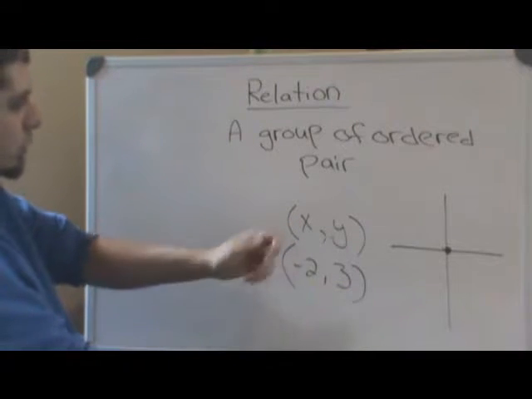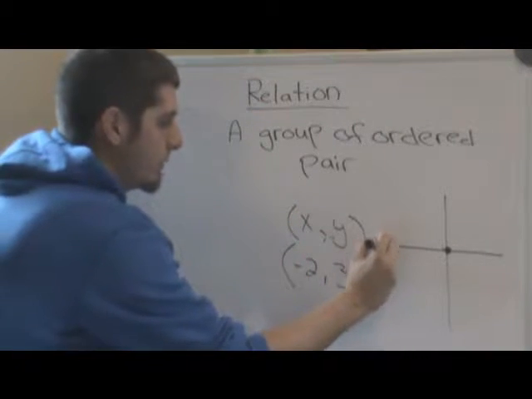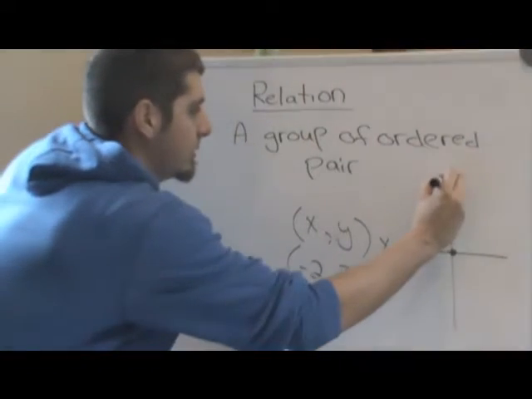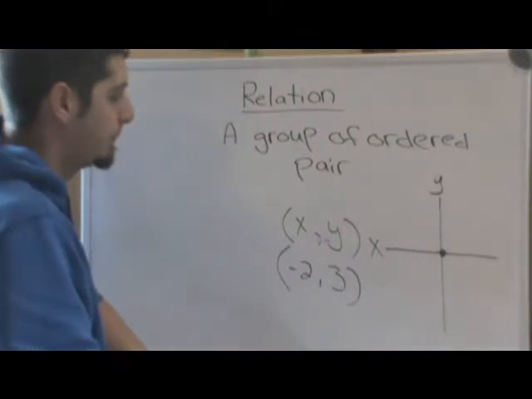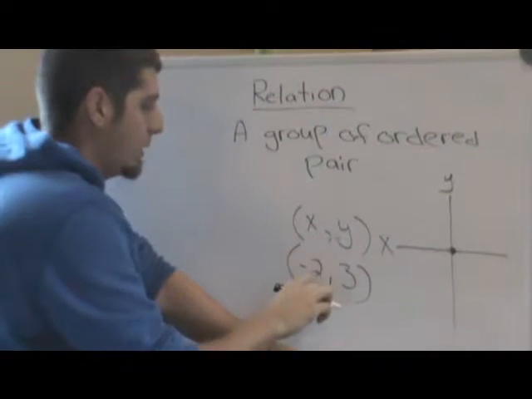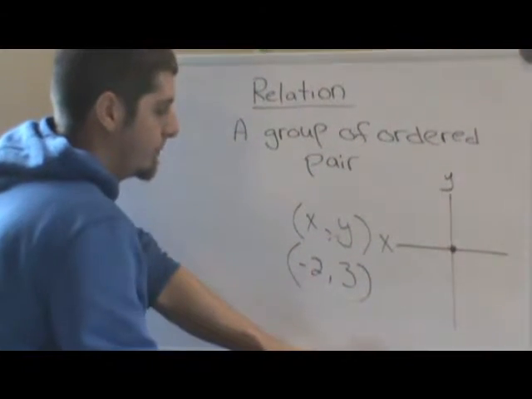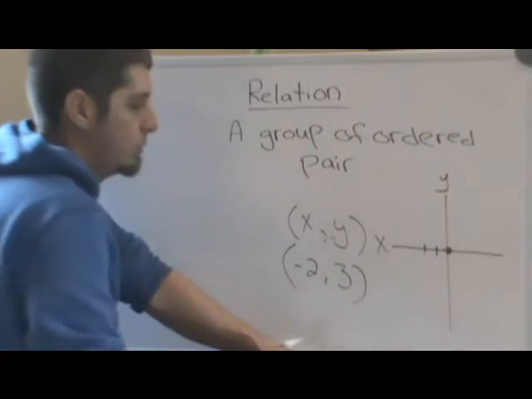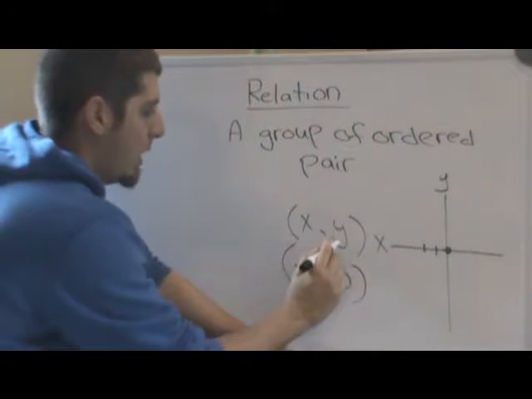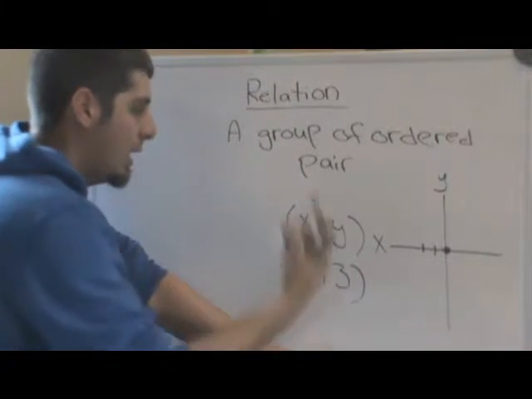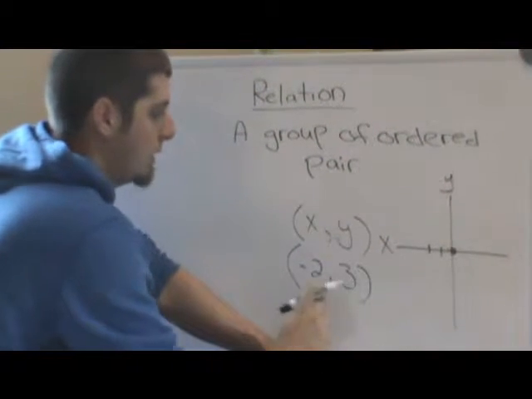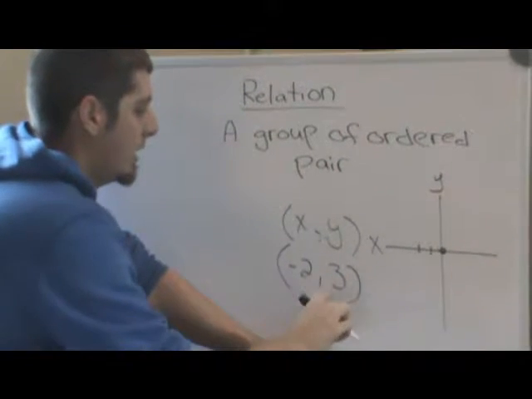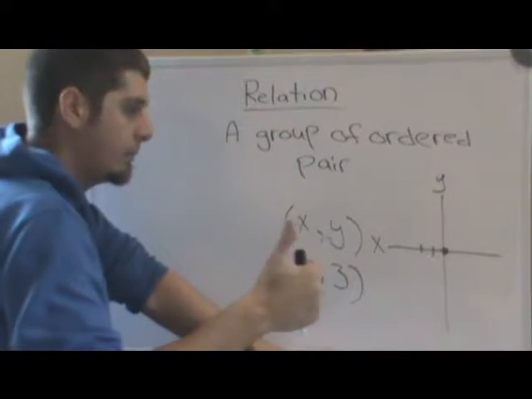The X coordinate will travel along the X axis, right here. The Y coordinate will travel along the Y axis, right here. My X coordinate will start at the origin and move -2 spaces, so we move left 1, 2 spaces. My Y coordinate will move me up 3 spaces, because it's a +3. A +3 moves in the positive direction, and a Y coordinate will only move up or down.